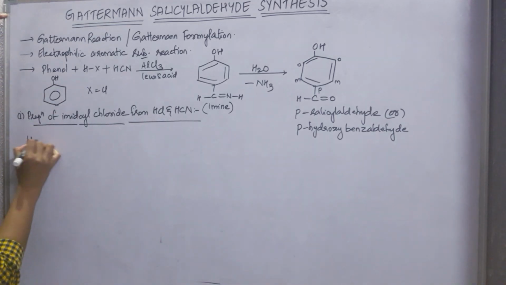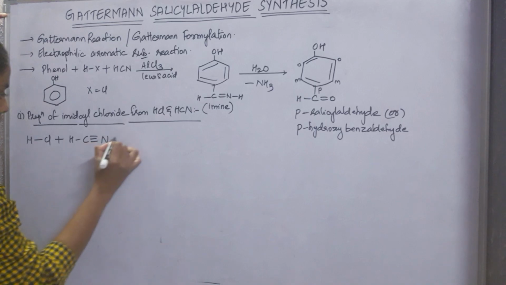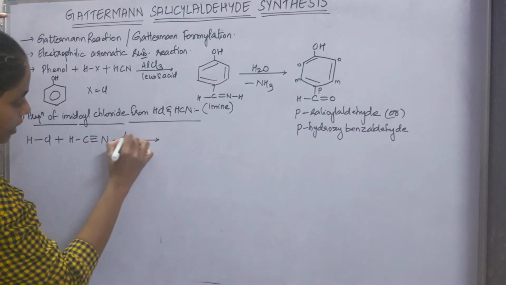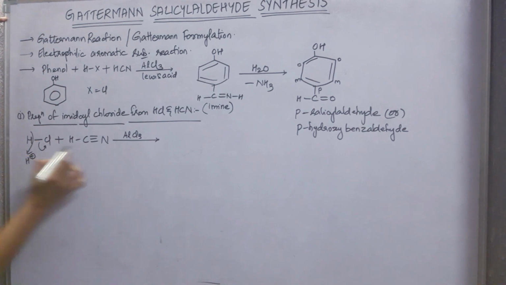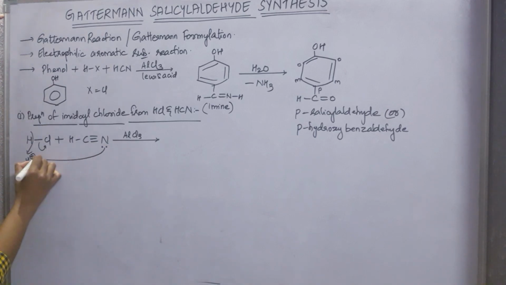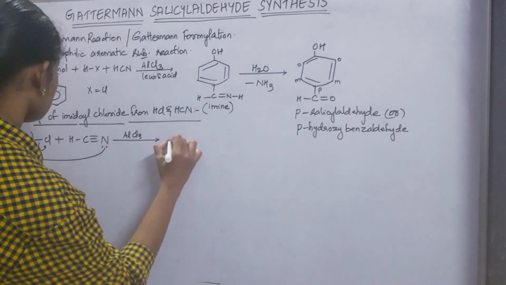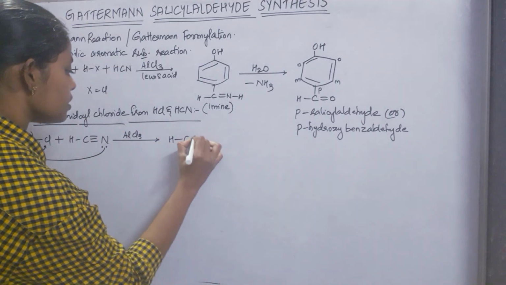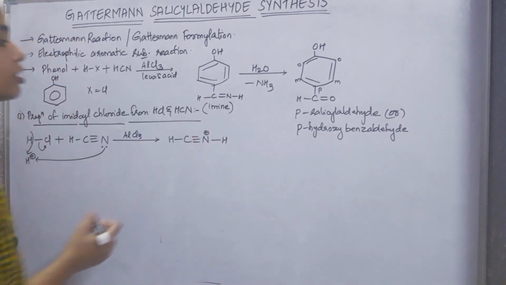So here first HCl will react with HC triple bond N in the presence of a Lewis acid AlCl3. First of all, chlorine will take the bond from hydrogen, leaving hydrogen as H plus. Now the nitrogen here contains a lone pair. This lone pair will donate its electrons to this H plus, giving us HC triple bond N with an H on nitrogen, and a positive charge.